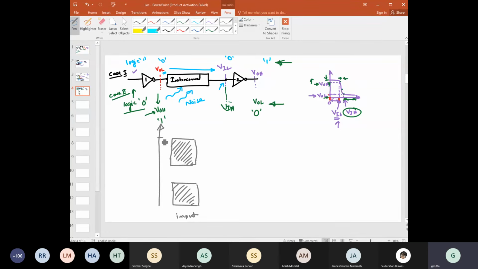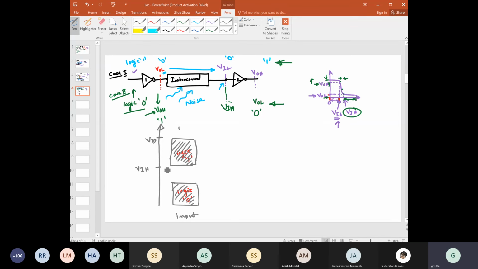So input voltage, this is at logic 1, and this is at logic 0. For logic 1, the maximum input voltage that you can apply is VDD. The minimum voltage that can be considered as input logic 1 is VIH.